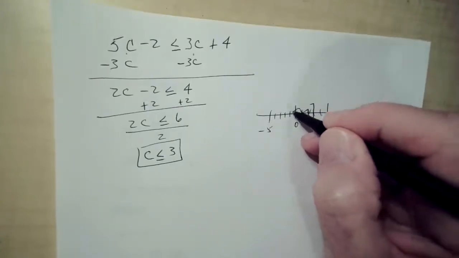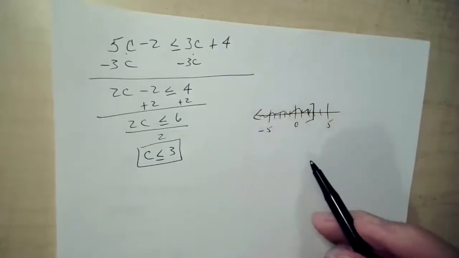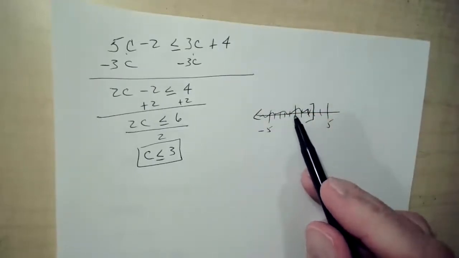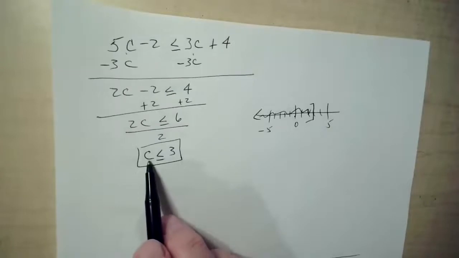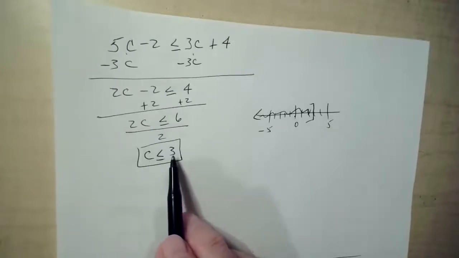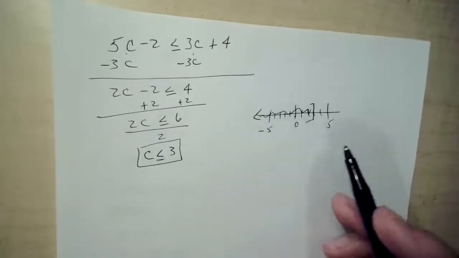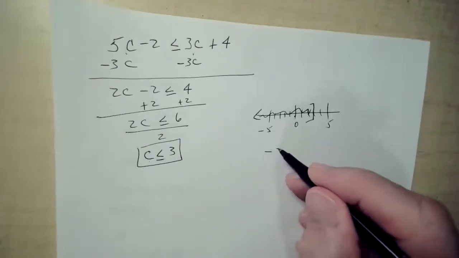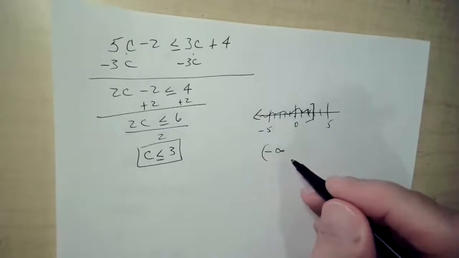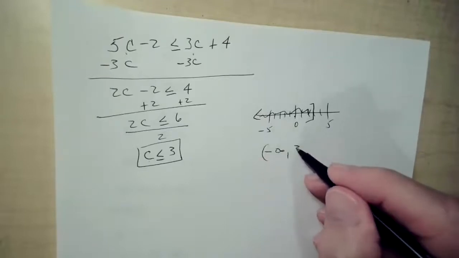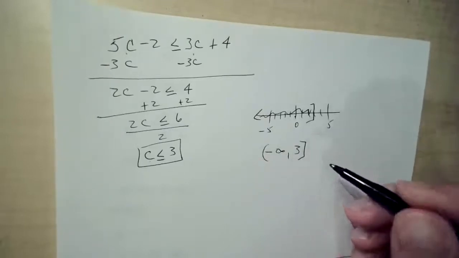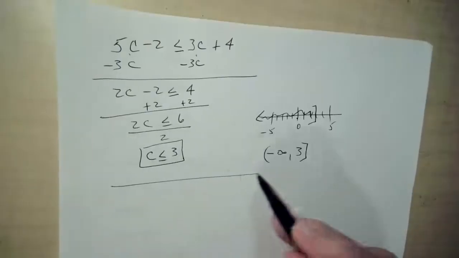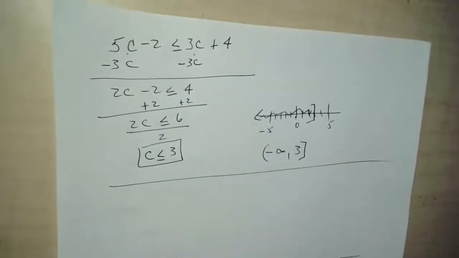Less than or equal to goes that way. And again, if you're not sure, take 0, plug 0 in for C. Is 0 less than 3? Yes. So we went the correct way. And our interval notation will be negative infinity with a parenthesis and 3 on the high side with a bracket.